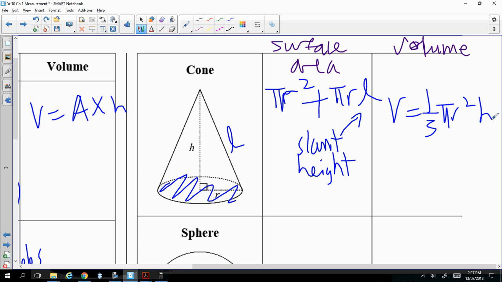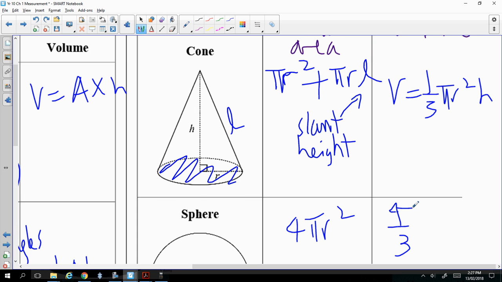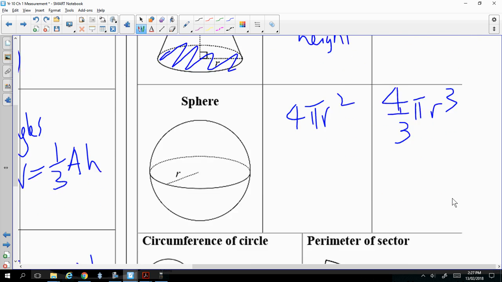Alright, and then we've also got the sphere we just did today. 4 pi r squared is the surface area, followed by the volume, which is 4/3 pi r cubed. And then finally, there's some perimeter we forgot to discuss. 2 pi r is the circumference, or pi d.